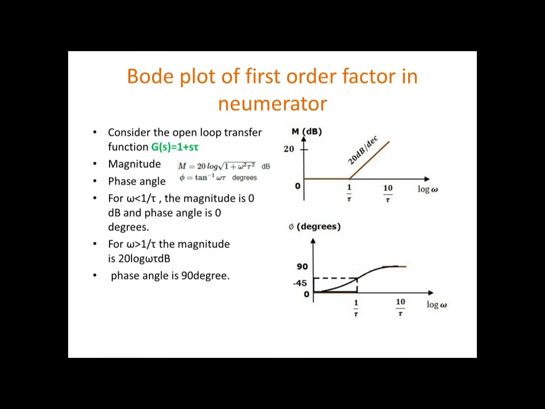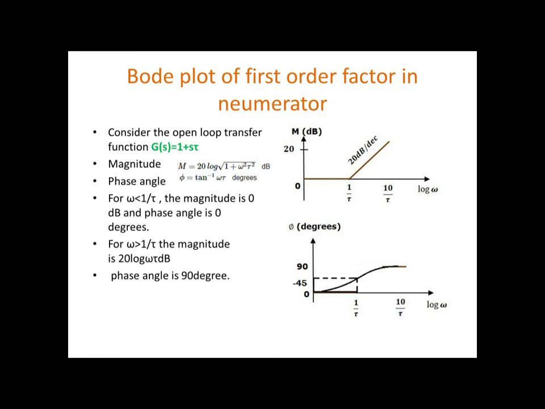Now we will consider the second case when ωτ is greater than 1. Then the 1 will be negligible, and the formula becomes 20 log ωτ. When ωτ is equal to 1, that means ω is equal to 1/τ, the magnitude will be 0 dB.